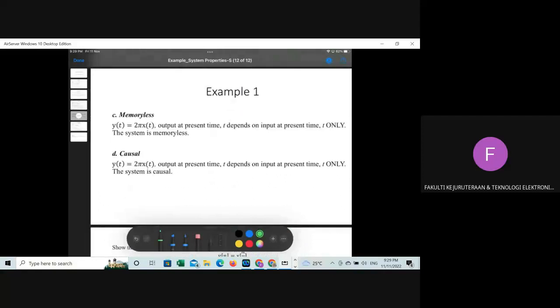And then you have to check for memoryless. Based on the definition, we know that if the output of the system depends on the past input or past output, which is written as x(t minus t naught), meaning x(t minus 2), t minus 3, t minus 4, or depends on the past output y(t minus 1), y(t minus 3).